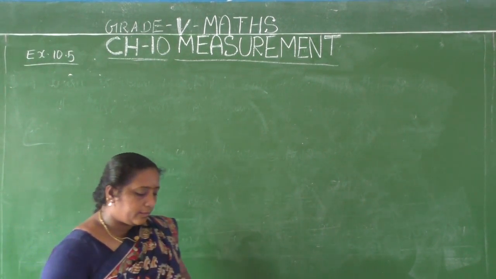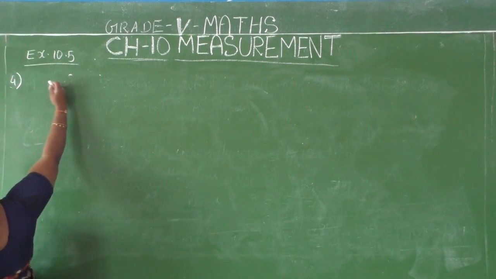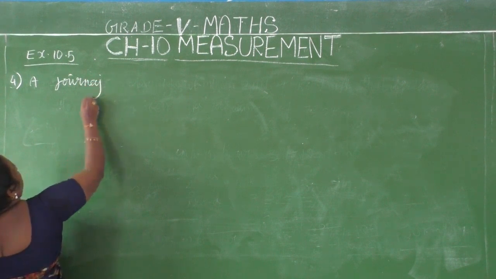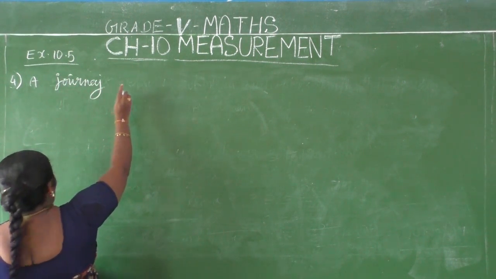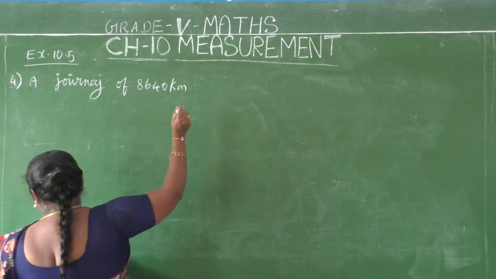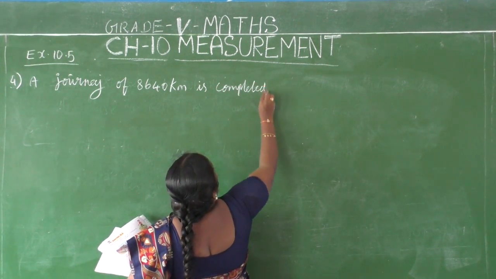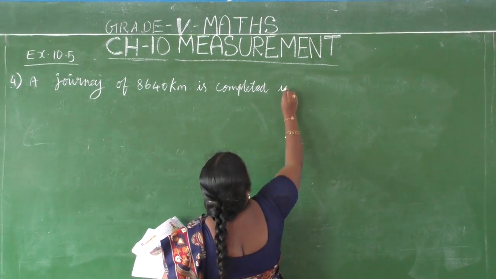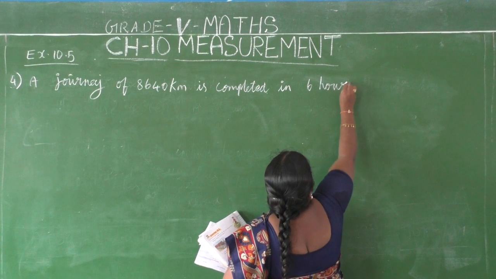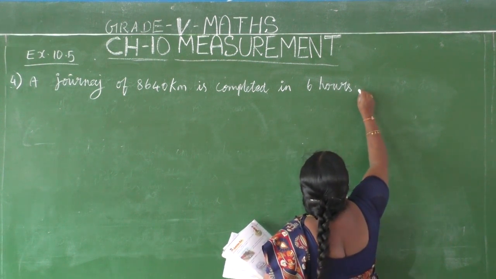Okay ma. Next one, fourth. A journey of 8640 kilometer is completed in 6 hours by flight.